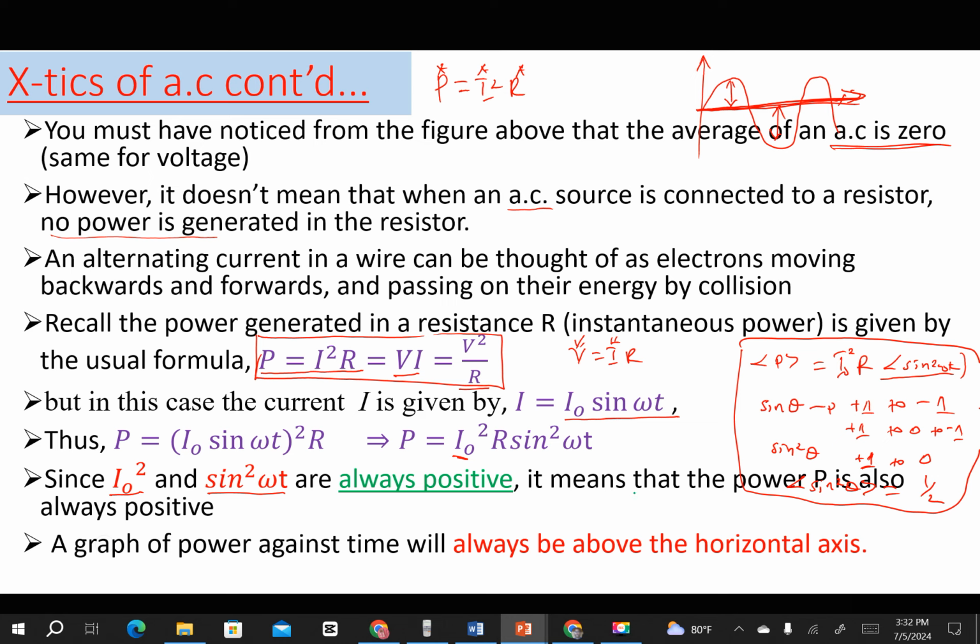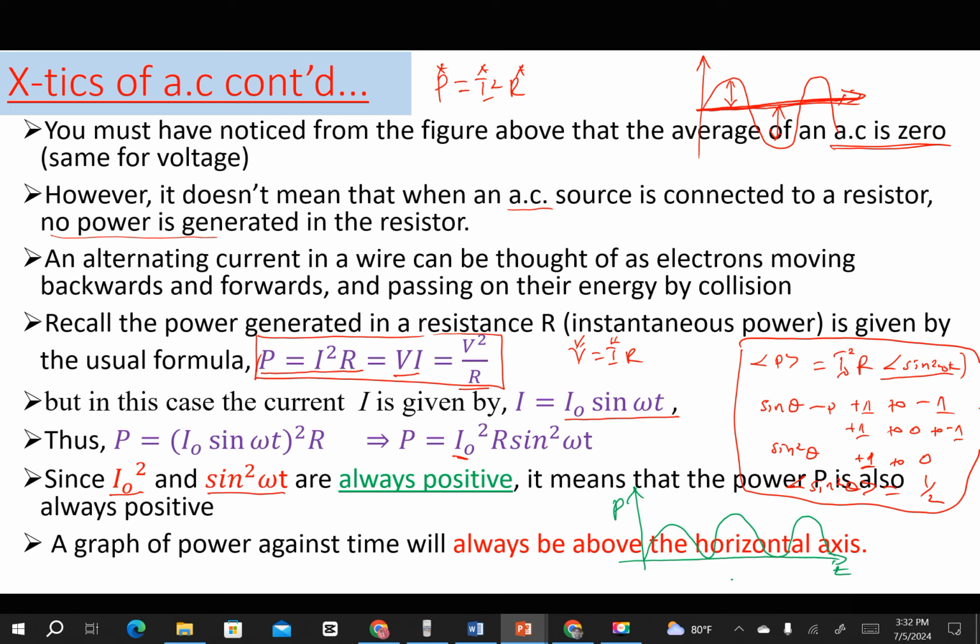If you try to sketch a graph of power against time, you don't mind about the negative part because the power will always be positive. We can even verify using the second equation, power equals V times I, and see that the graph of power against time will always be above the x-axis, because the power is always positive, whether the current is negative or positive.